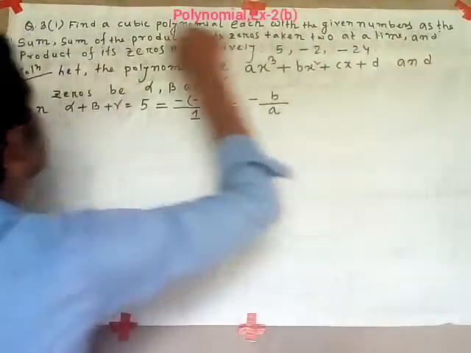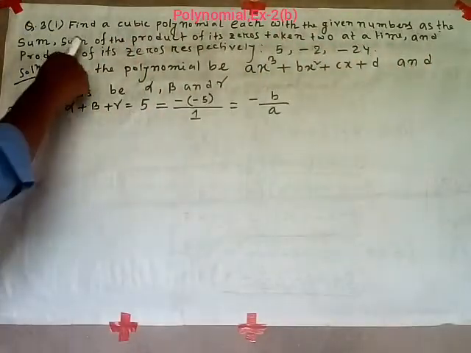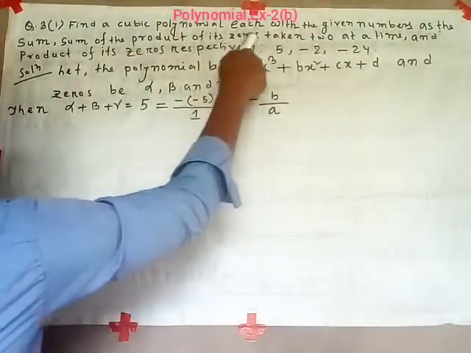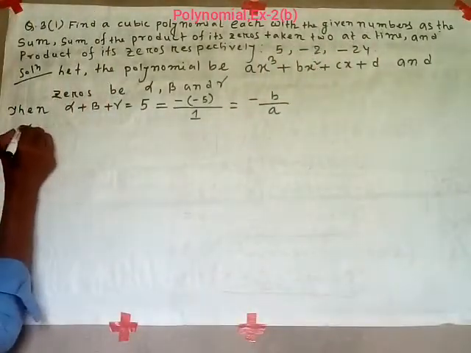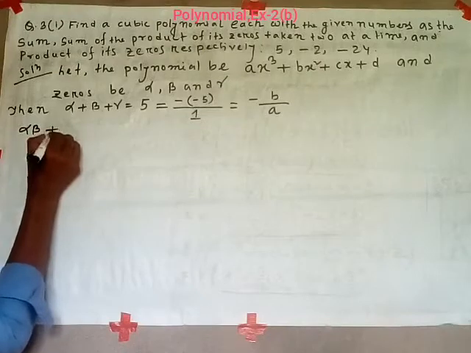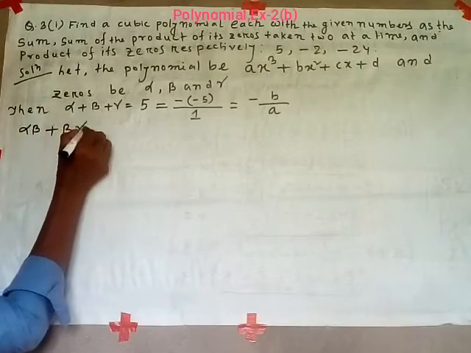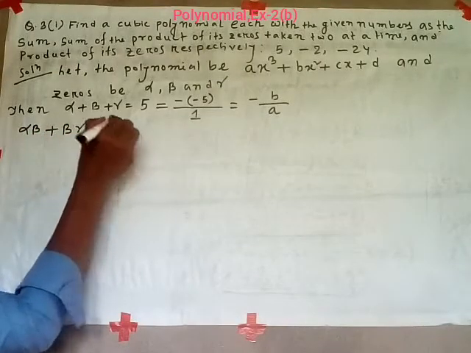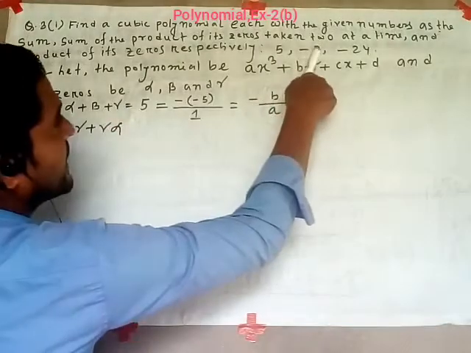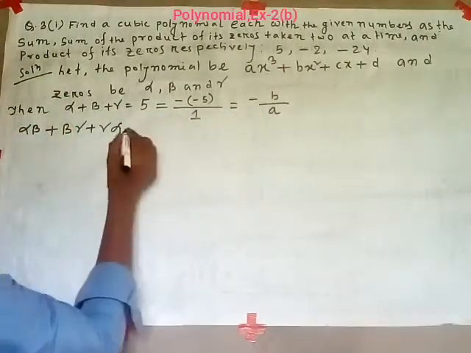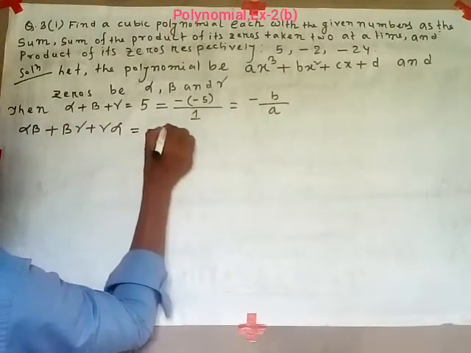What is given? A is the sum. Second part, sum of the product of its zeros taken 2 at a time. It means alpha beta plus beta gamma plus gamma alpha, equal to, what is given? Second part, minus 2. So we can write here minus 2.